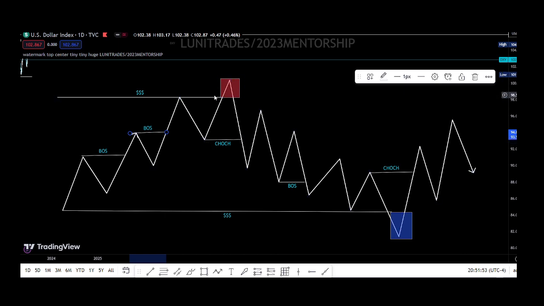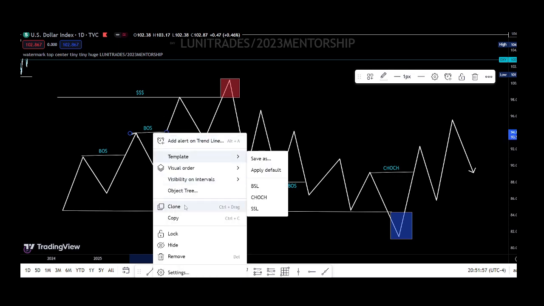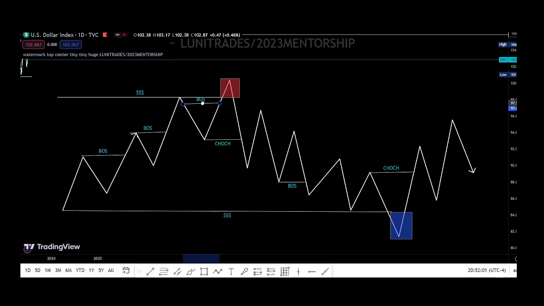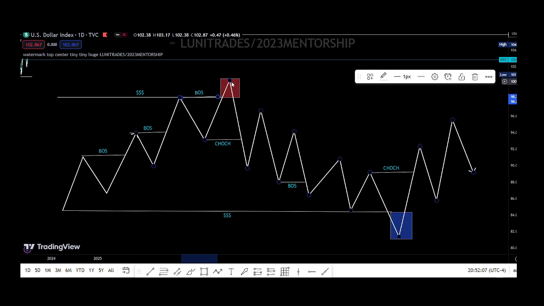This is another break of structure, this line. So we can still clone this again and put it here. So it broke this high, right? Before it now meets, let's say, equal highs.